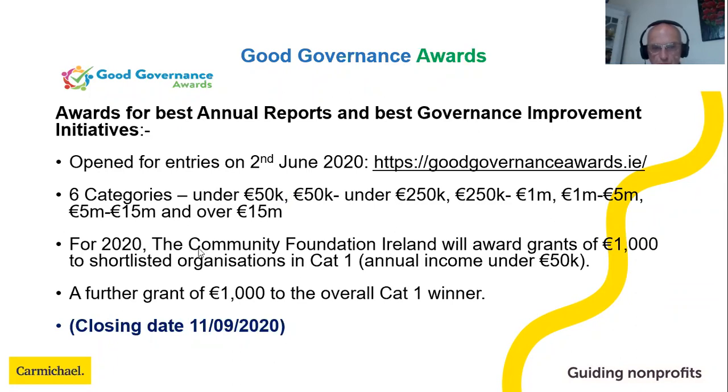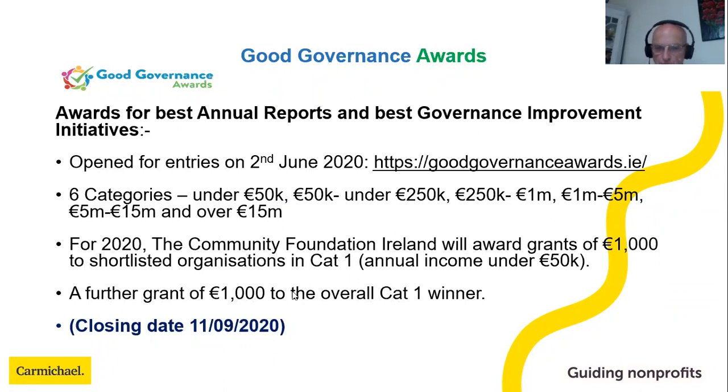For 2020, the Community Foundation Ireland will award grants of 1,000 to shortlisted organisations in Category 1. So if you become a shortlisted organisation in Category 1, just from getting shortlisted, you will receive 1,000. And a further 1,000 will be given to the overall category winner.